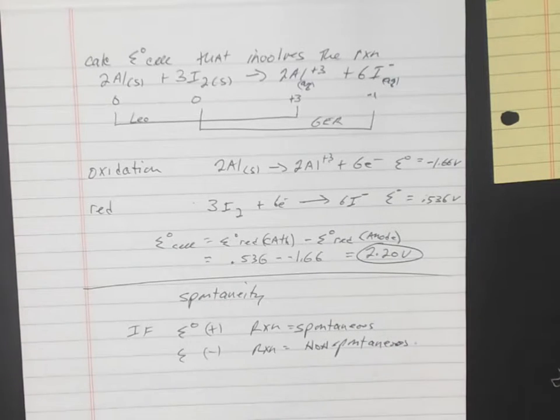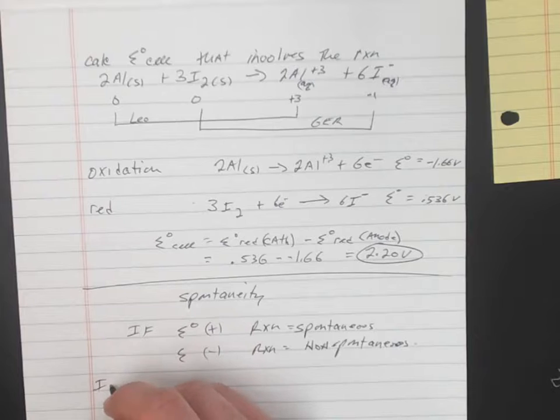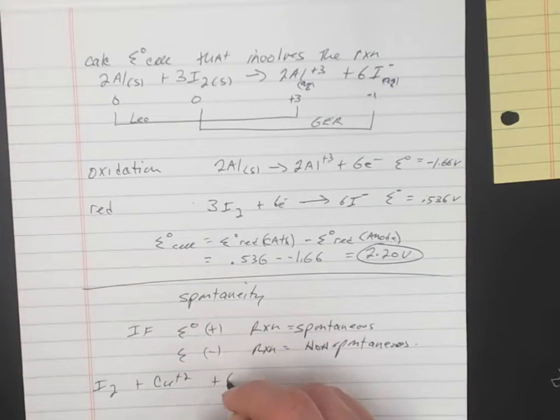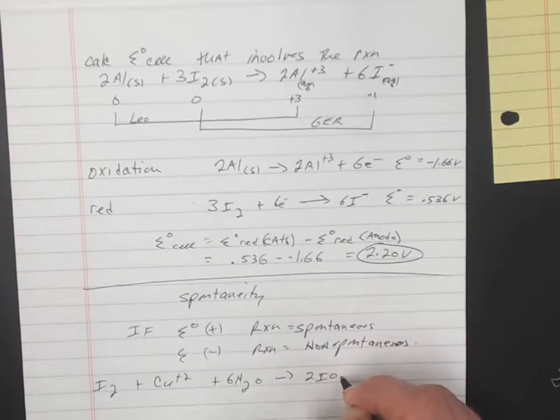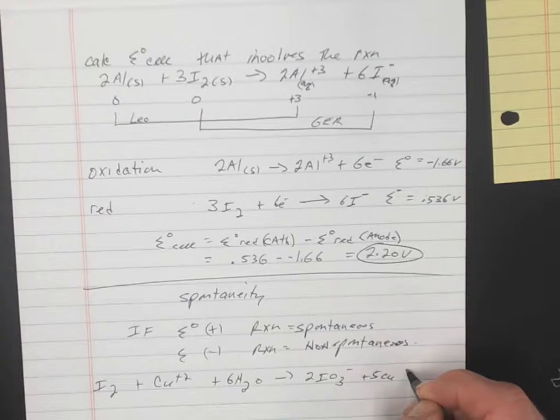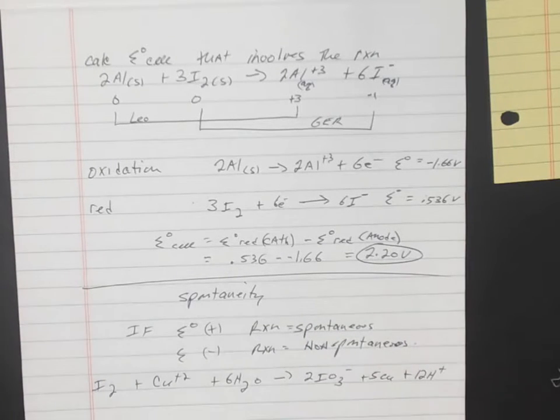So anytime you have a reaction, and I'll give you one here, let's say we have I2 plus Cu2+ plus 6H2O yielding 2IO3- plus 5 Cu plus 12H+.